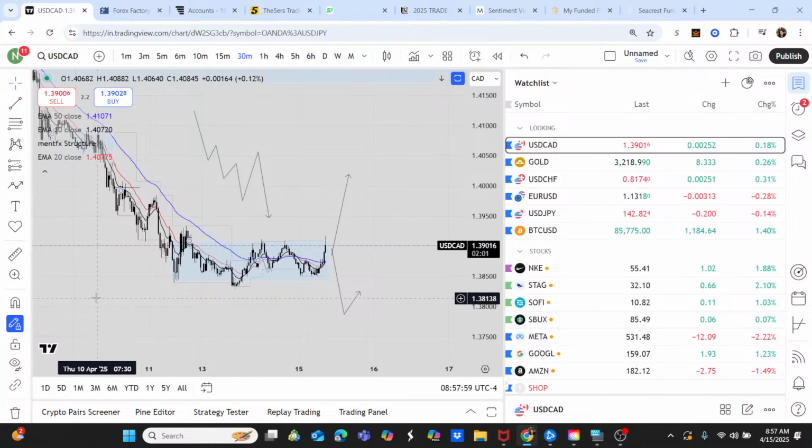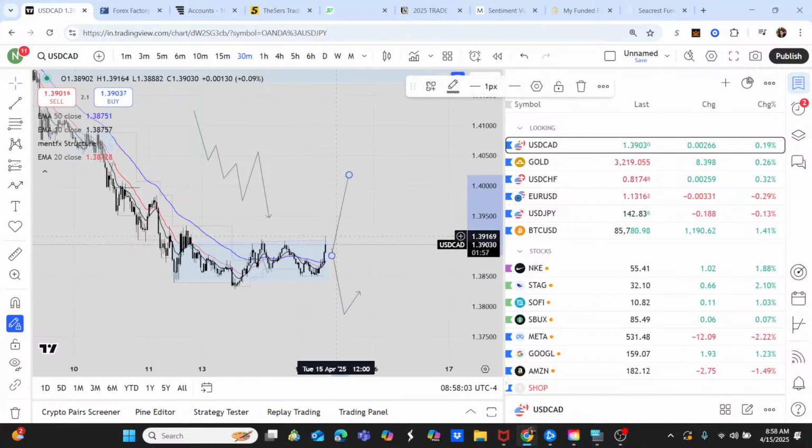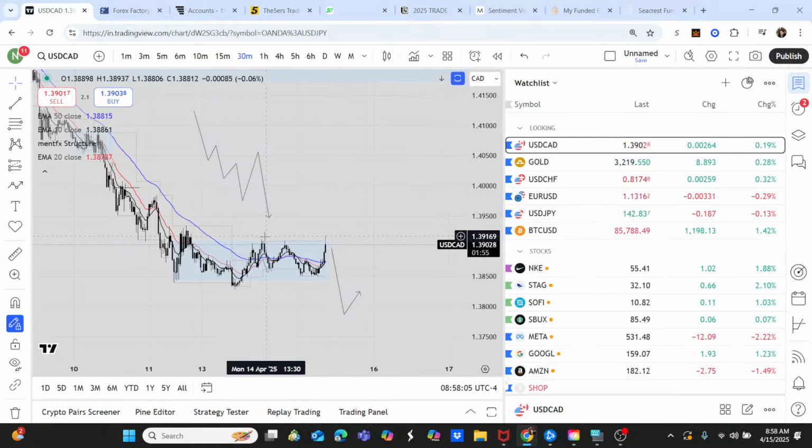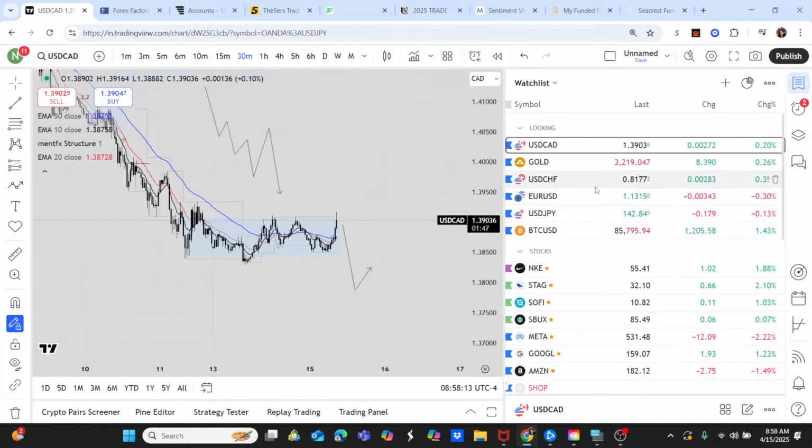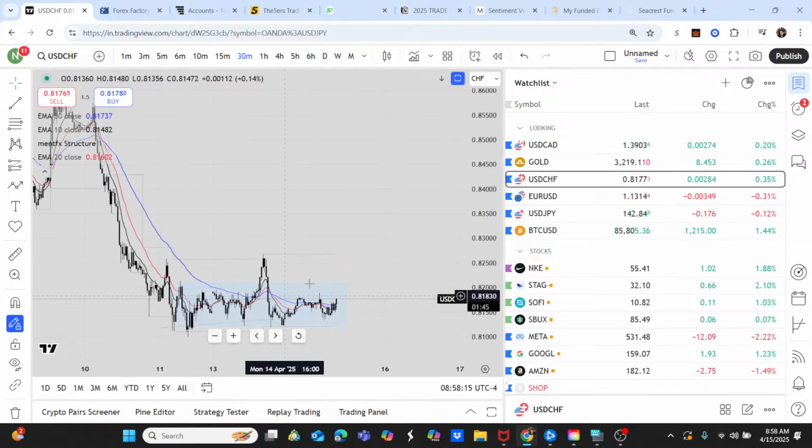Same thing with USD CAD. Even though I want it to move out of this and break down, it could easily spend the rest of the session consolidating or just breaking higher. Same thing with this one. It's been consolidating for a while, and it could spend the whole session consolidating.